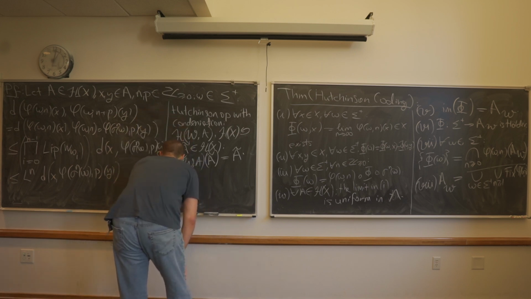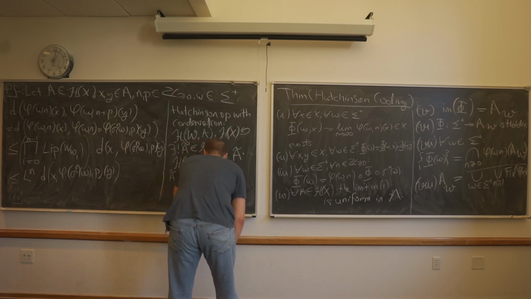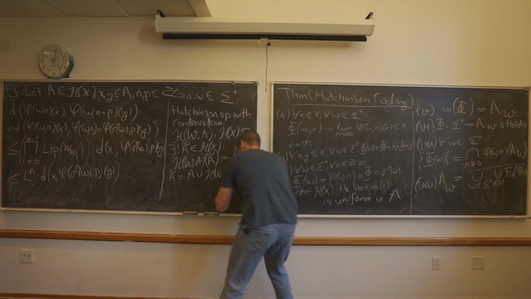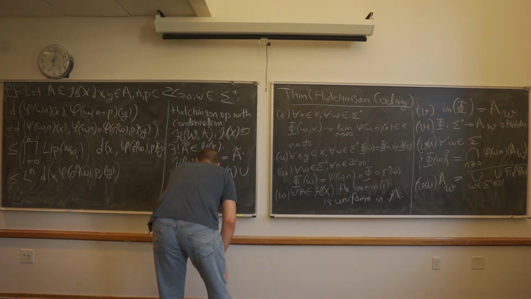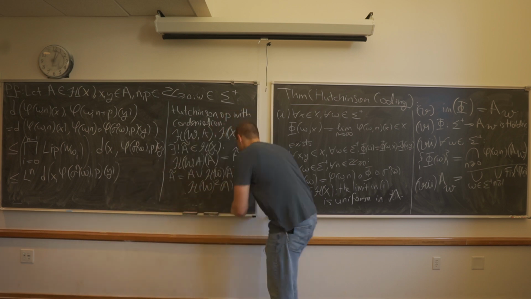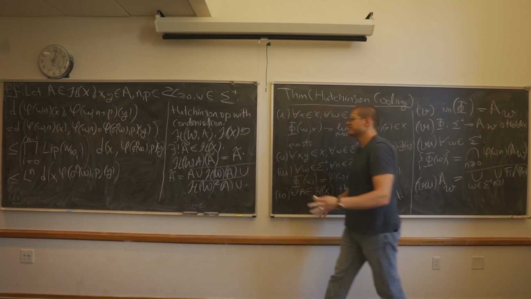So ultimately this becomes A union Hutchinson of W applied to A, and then Hutchinson squared, so applied 2 times to A, and so on. In fact, you need to take the closure here, but that's not that important.